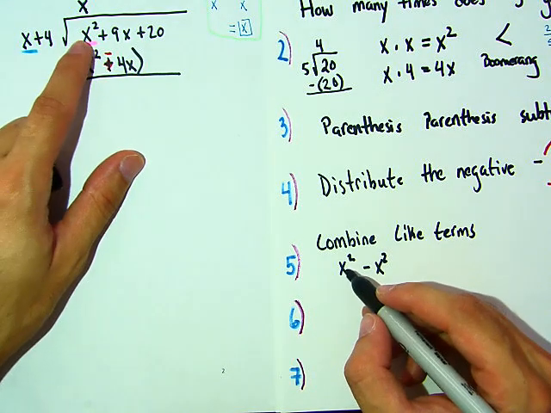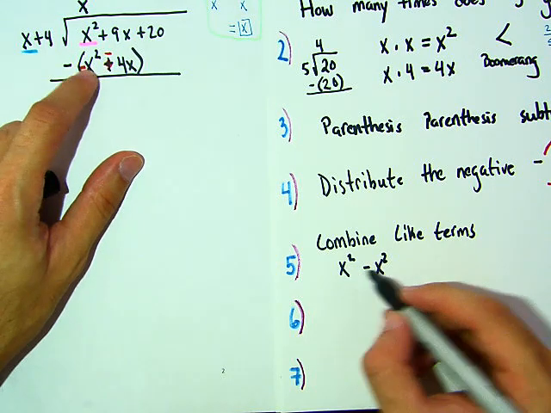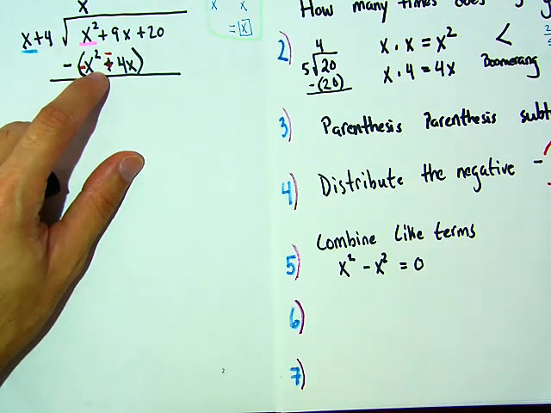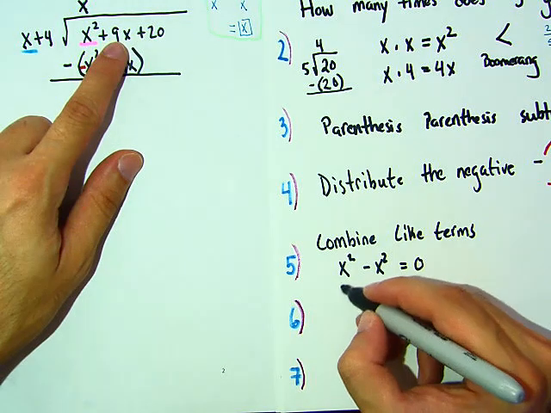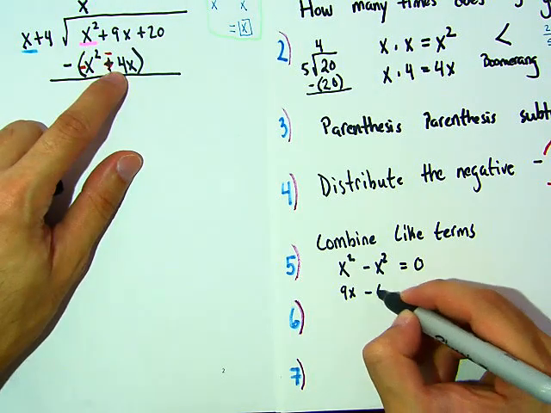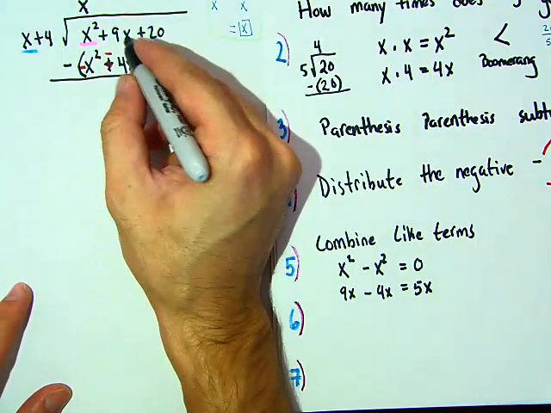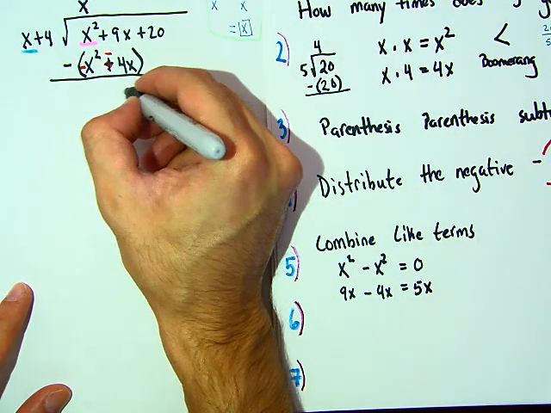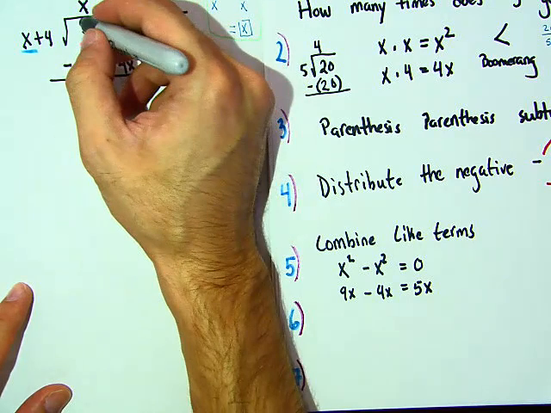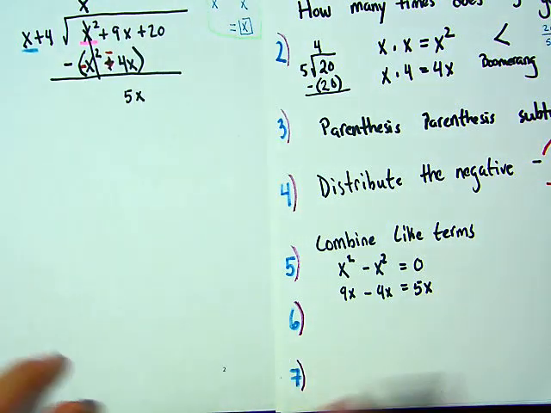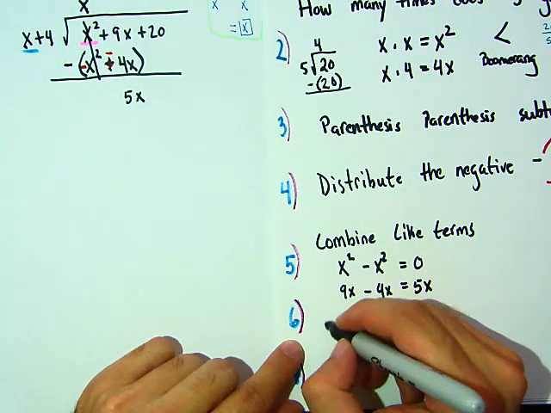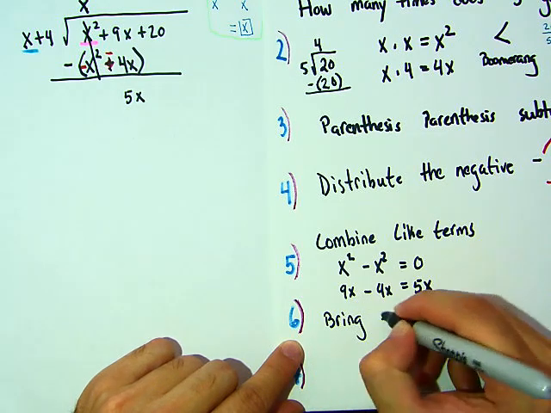So if I have x squared minus x squared, this is 0. And what about this one? What's 9x minus 4x? That's 5x. So now we just write 9x minus 4x is 5x, okay? Or we could say that, yeah, this part cancels, okay? Then bring everything down.